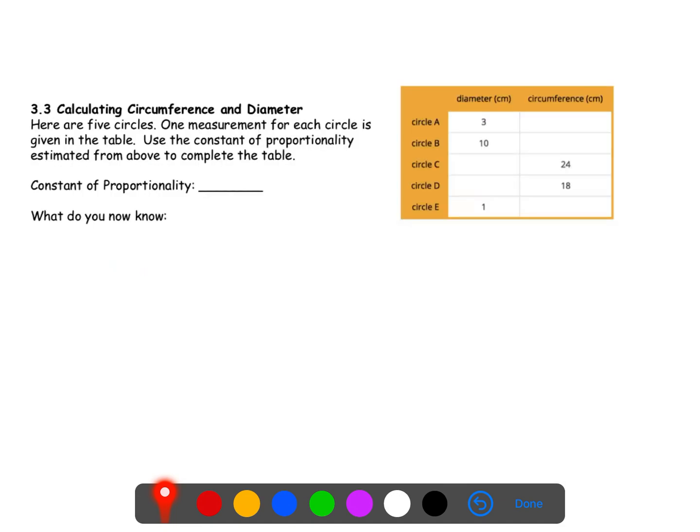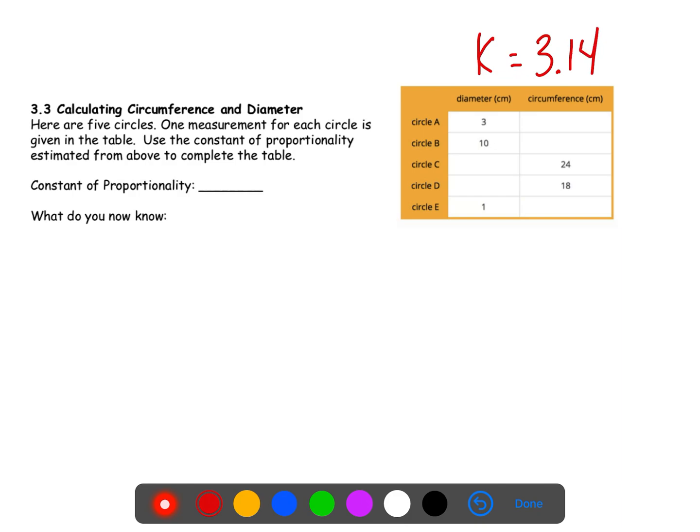So when we look at this next activity, we're given a table. Some of the diameters are filled in, some of the circumferences are filled in. But now that we know it's a proportional relationship, we have a constant of proportionality. It's equal to pi, which again, we're going to round for today's activities to 3.14.